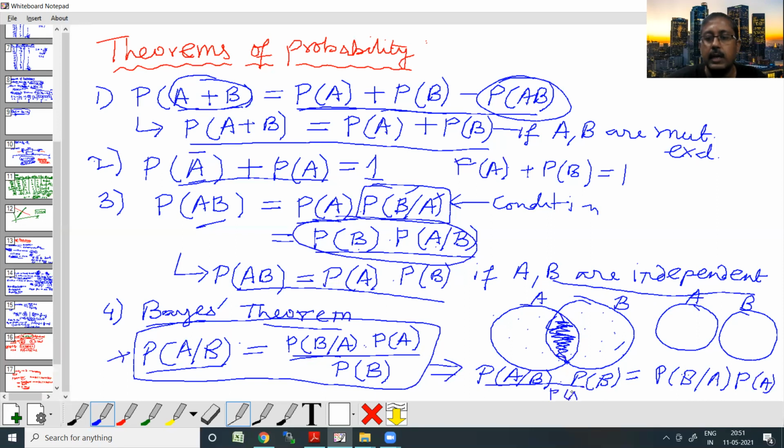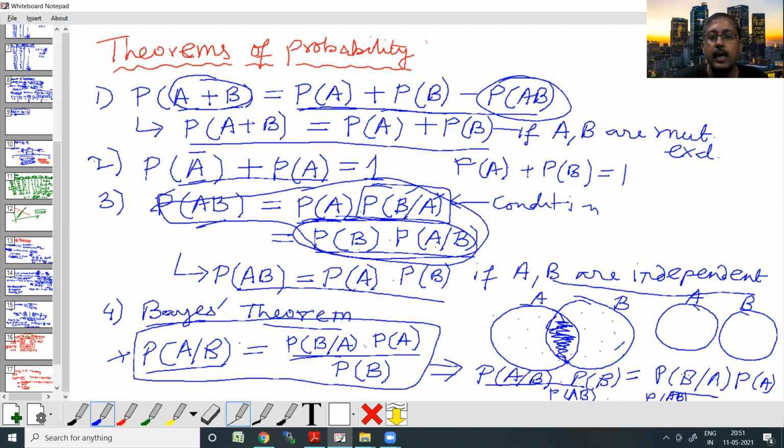We have already seen that from the prior definition. This is P of AB, and this is also P of AB. Okay, so obviously this is going to happen. This is just a rearrangement of this whole thing, right?